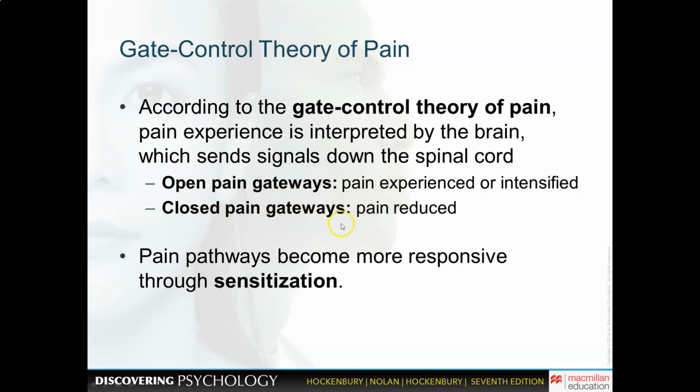But if the pain gateways are closed, we feel less pain. Some of you might want to talk about this in discussions, but some of you have experienced going beyond the pain. You've been training real hard in something, and you tend to feel less pain, even though you should be feeling pain. That's because the pain gateways start becoming closed.